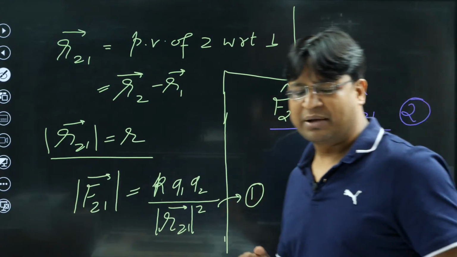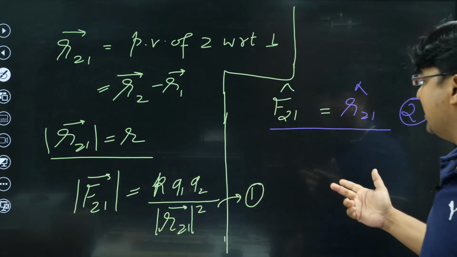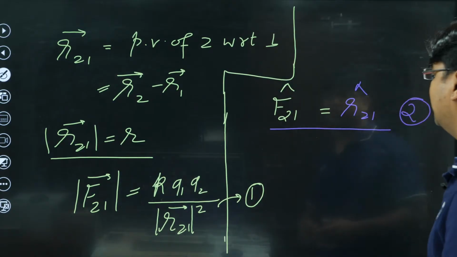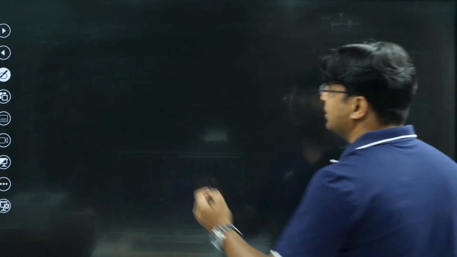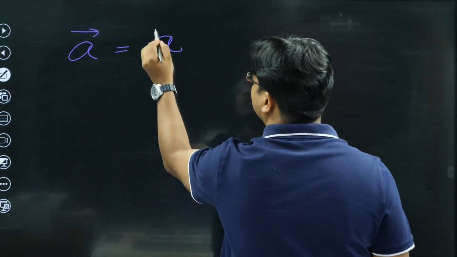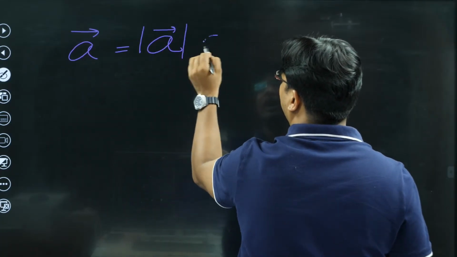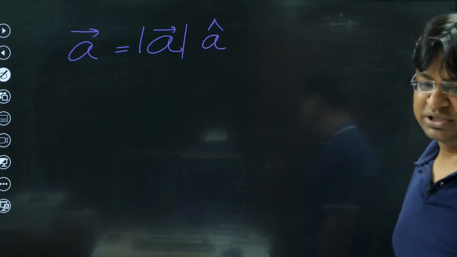F21 cap, the unit vector along the force, is the same as the unit vector along R21. If these two equations are valid, then to write any vector, we can take the magnitude of that vector and multiply it with the unit vector parallel to itself.